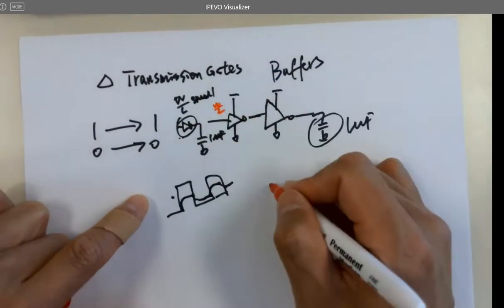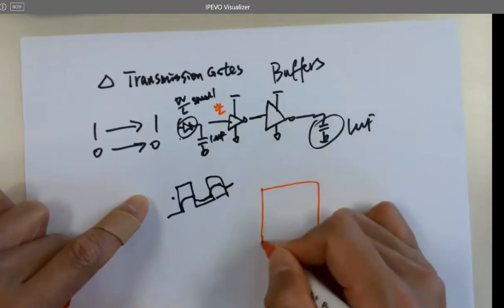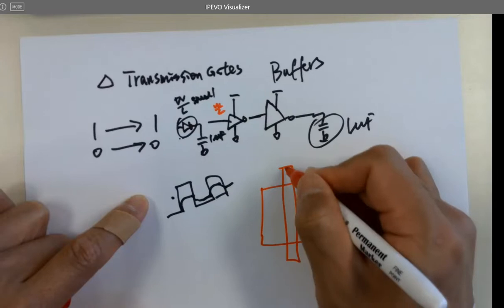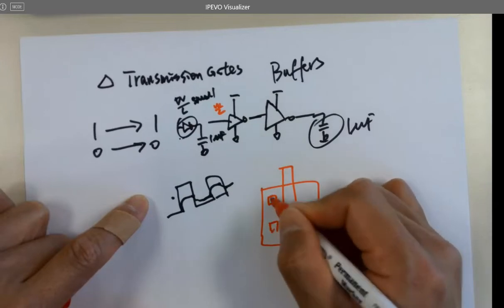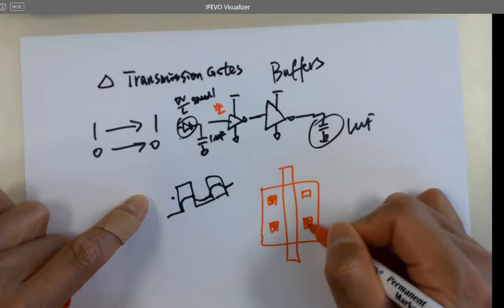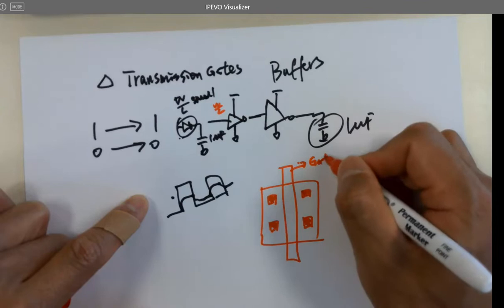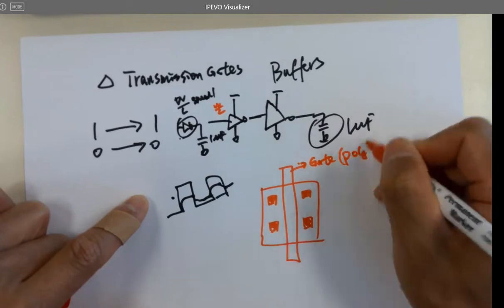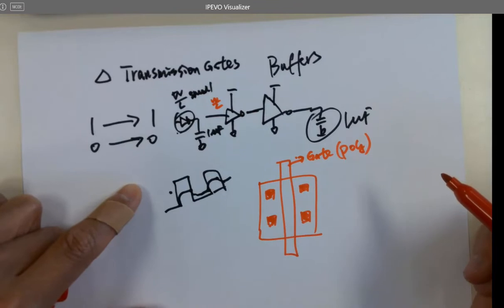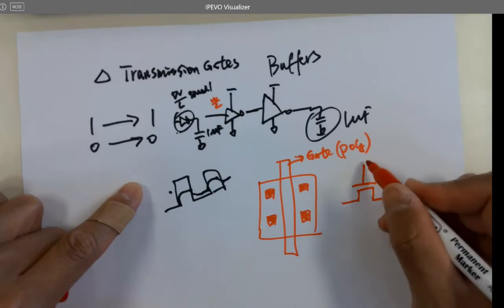So if you look at the layout, remember, for example here, what's the one in the middle? It's a gate, polysilicon, a gate. Here's a gate.